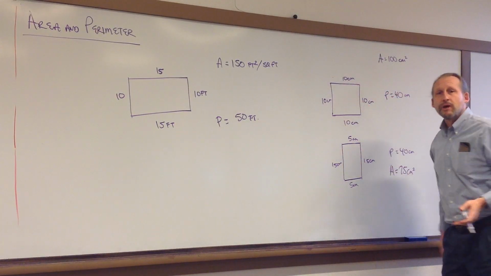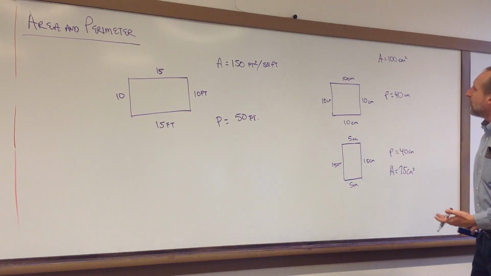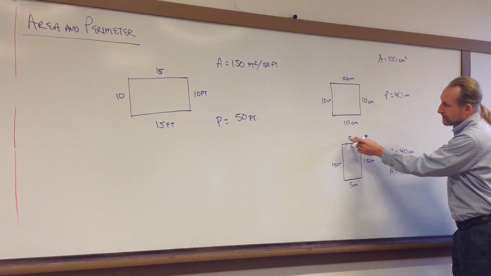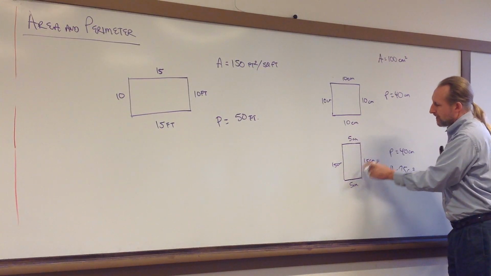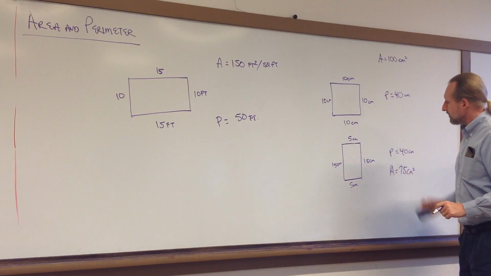That would make it more of a square. And if you want to make the area smaller, then you want to take pieces away. So for instance, we could take more off of these 5s and add them onto the 15s, and then I think the area would get even smaller.